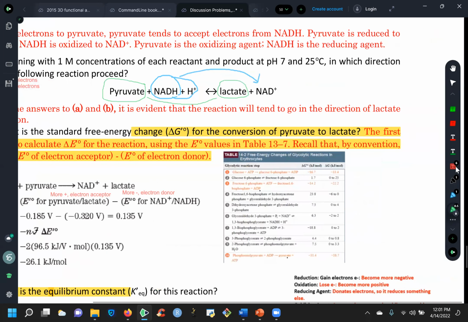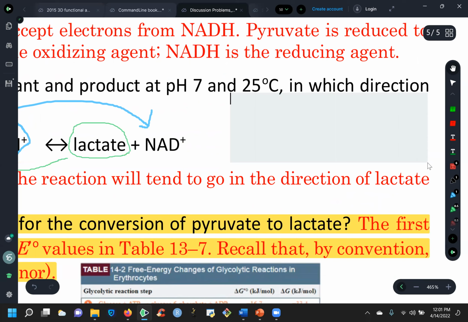Now, there will always be a table, and this table will give you the standard reduction potential values. So for NAD plus and then NADH, that'll be 1 pair. And then up here, we'll have the lactate and pyruvate.